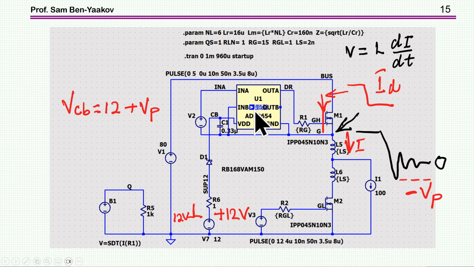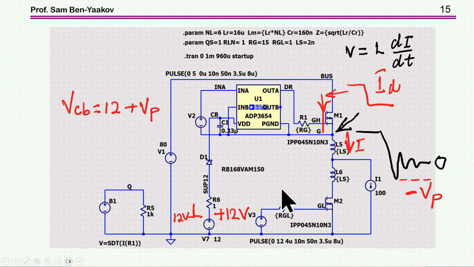Now, if this would have been a two-channel driver, this is a high side and a low side driver in one unit, then this would be the midpoint of this driver, and the negative voltage could be dangerous for such a driver. Now, the manufacturers are aware of it.